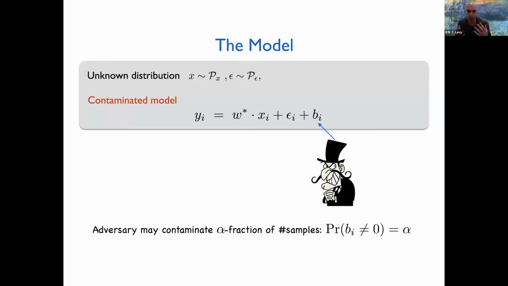So we don't have actually any constraints about b_i. It can be unbounded. It doesn't have to be zero mean. The only constraint that we have here is that the adversary can only contaminate an alpha fraction of the samples. Well, alpha can be 1%, 50%, and even 90%.